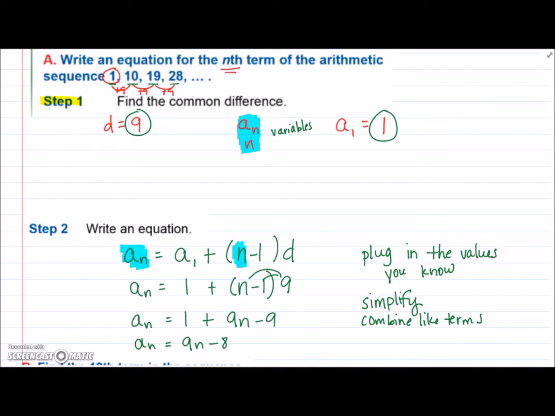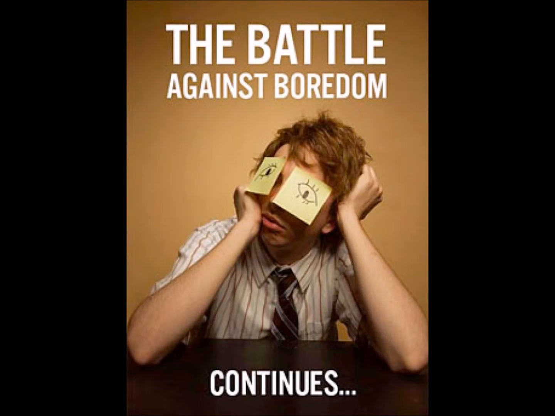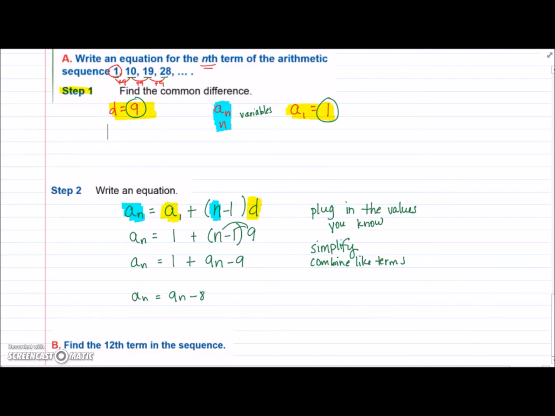That is our formula. Okay, so we ended up with this equation right here. That is the general formula that says the nth term is 9n minus 8.